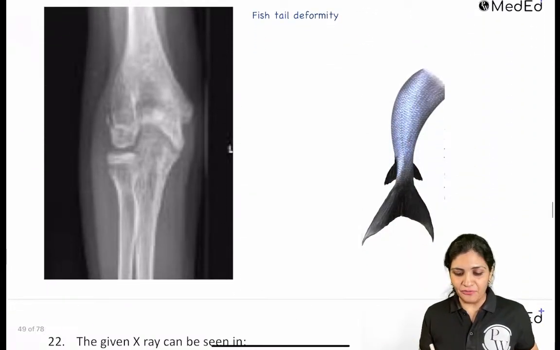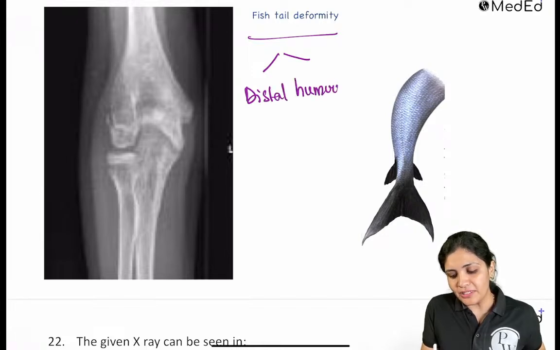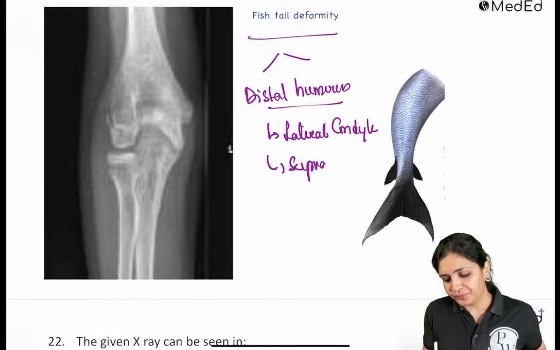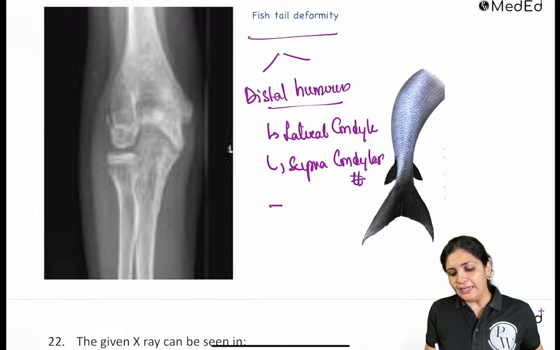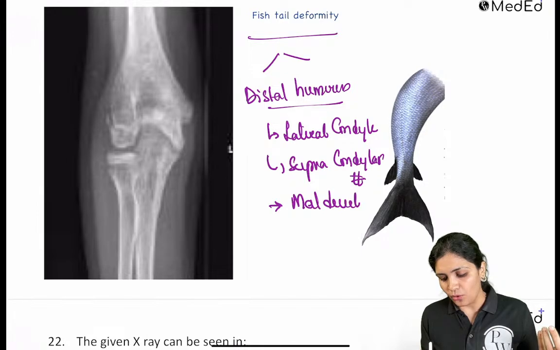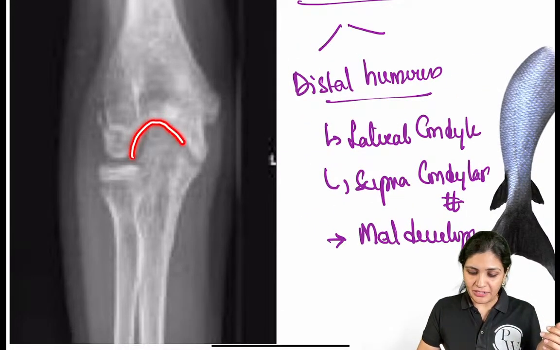So usually the fishtail deformity is seen in case of your distal humerus. This deformity can be because of the lateral condyle which has been damaged because of fractures, or the supracondylar fractures, and it could sometimes be maldevelopment of the lateral condyle. On the x-ray, this particular part which you see, the maldevelopment of the lateral condyle, is seen as the fishtail deformity.